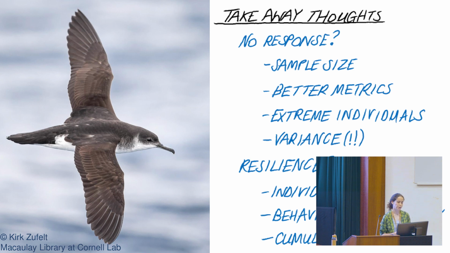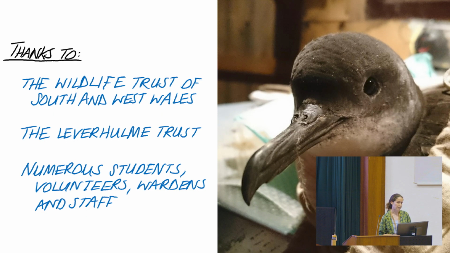And then in terms of the cumulative impacts to the birds, these are very long-lived birds, so we could expect that maybe they are able to buffer these costs in the short term, and I mean that year to year, but into the future, they might pay the costs at another time. And then I just have to say thank you to the Wildlife Trust for allowing us to work on Skomer for so long, the Leverhulme Trust, and then all of the many, many people that have worked on Skomer and contributed to this data set. It was really great to be able to look into it.